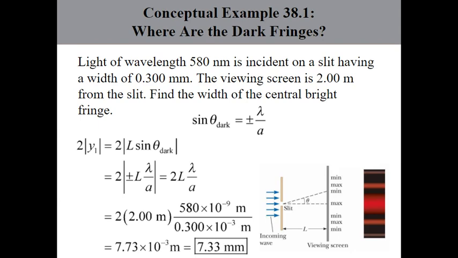And in this case, you're looking for the width of the central fringe. So you just take the position of the first order dark fringe, multiply it by 2 to account for both sides, and that will get you the width.